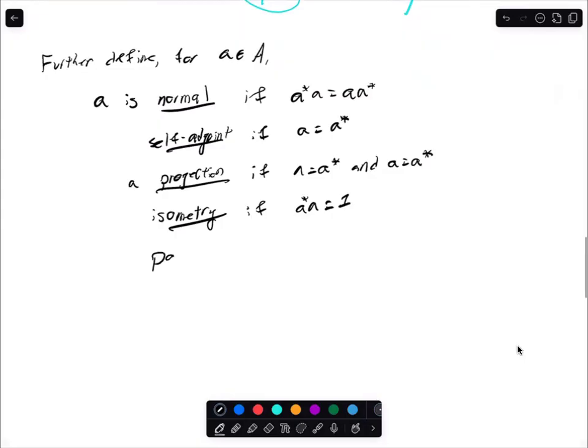It's called a partial isometry if A star A, this triple product, is the same thing as the operator that you started with.